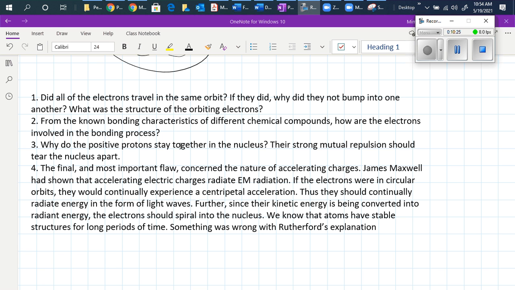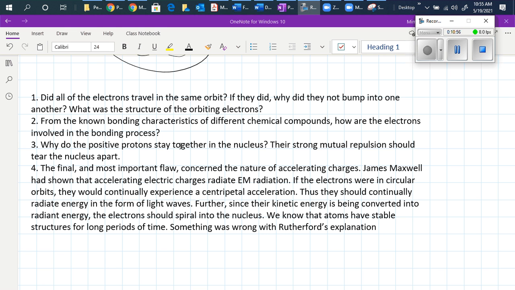And the most important flaw is that Maxwell has shown that accelerated charges radiate EMR. This is the most important one. If the electrons are moving in a circle, which means they are completing a uniform circular motion, they have acceleration, which is centripetal acceleration, v squared over r.